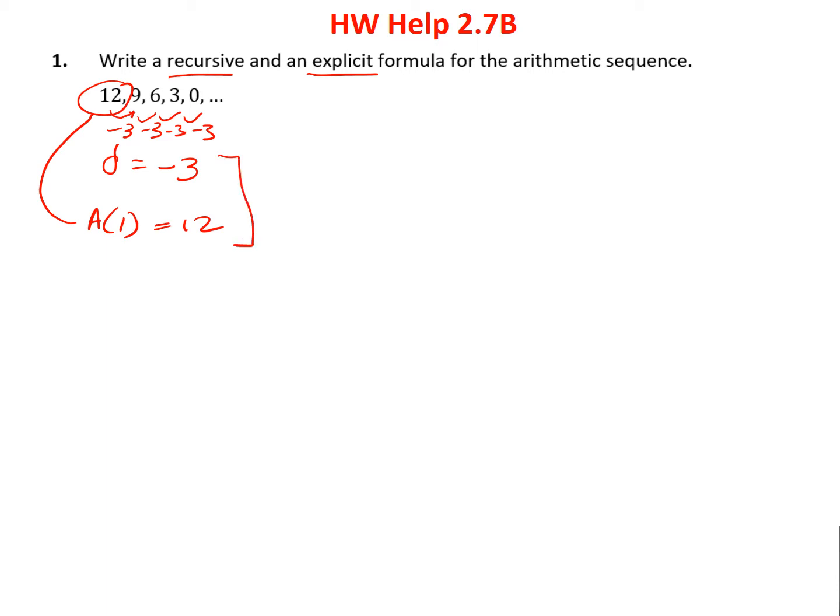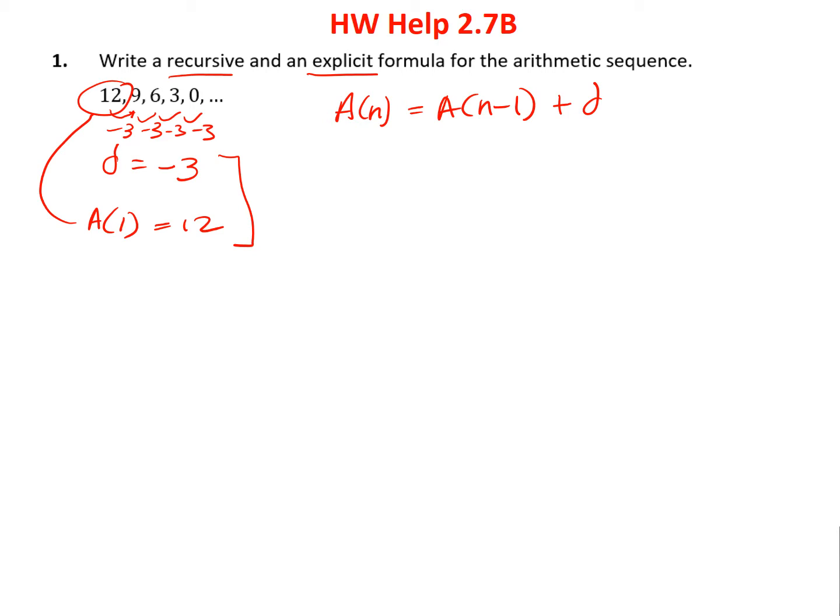Our recursive formula looks like this. It is the nth term, that's not a times n, it's the nth term, equals the term right before it, the previous term. If n is 5, then 5 minus 1 is 4. So it's the previous term plus whatever the common difference is.